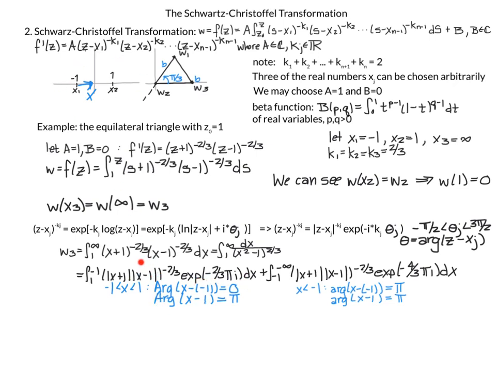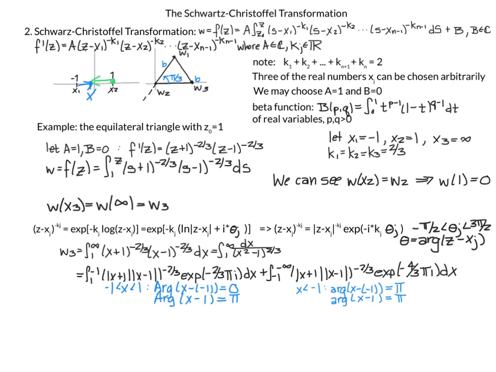Now let's look at the argument of x minus 1. We start at 1 and we go towards x. I'm going to do this one in green. Now you can see we're going in the negative direction, which is 180 degrees from our positive orientation. So our argument is 180 degrees, or pi radians.